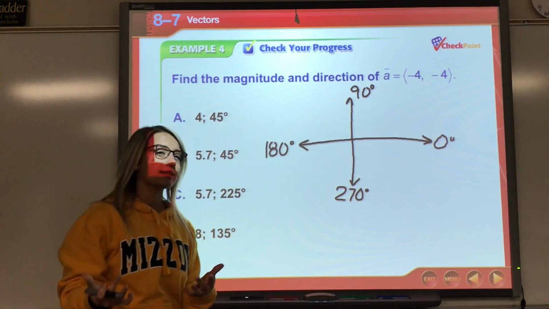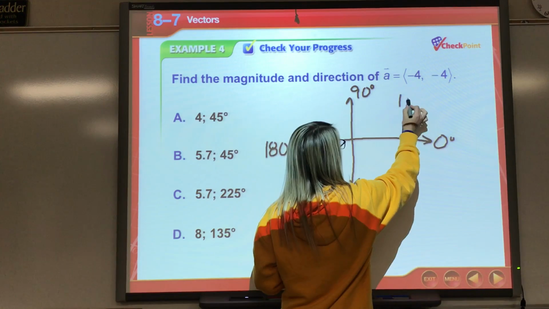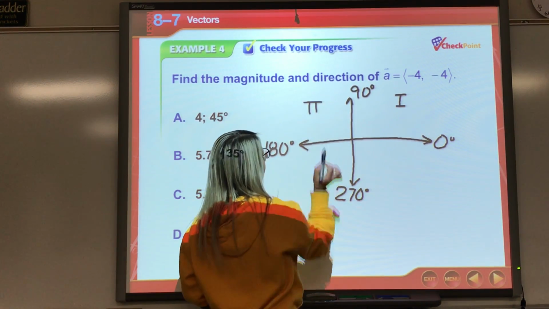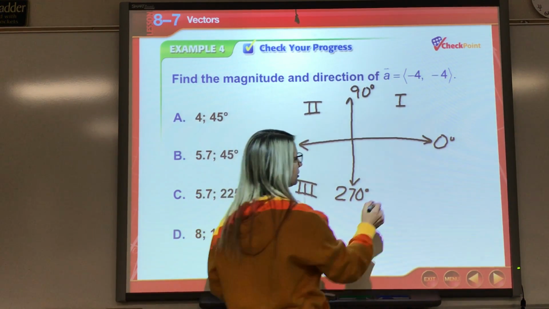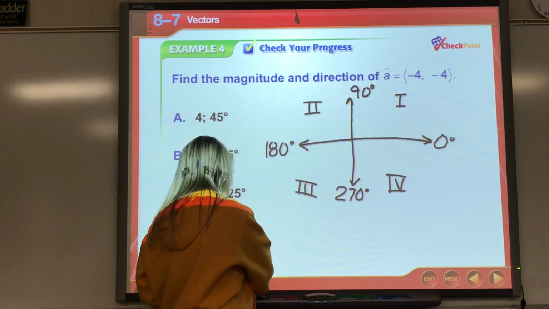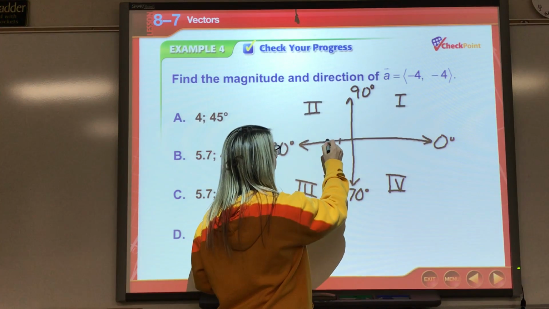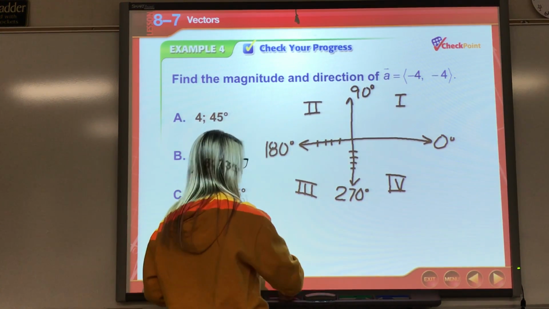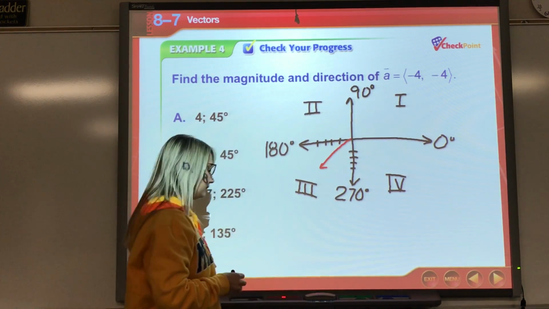Okay, and I don't know if you guys have done quadrants before, but this is the first quadrant, this is the second quadrant, this guy is the third quadrant, and here we have the fourth quadrant. Okay, so now we have to draw the vector -4, -4. So I'm just going to go over 4, down 4. Okay, and if I draw this vector, it's going to be like that.